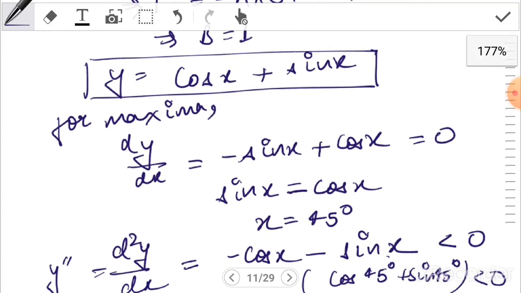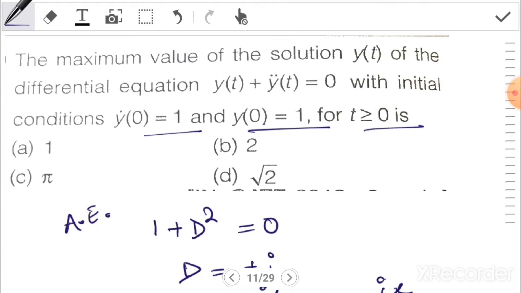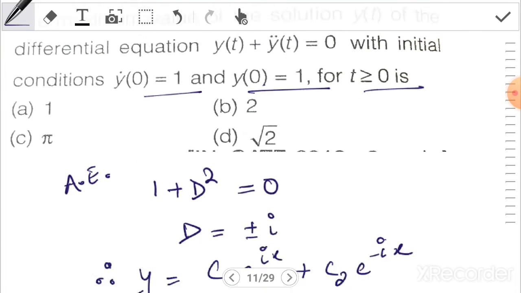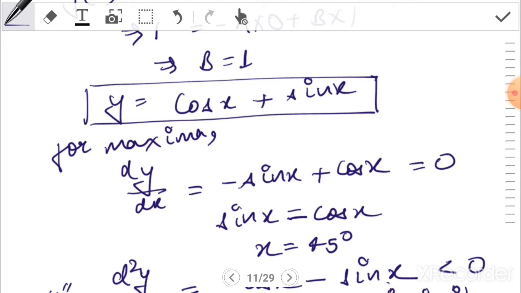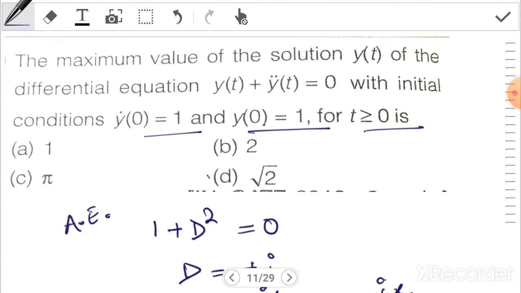So at 45 degree we have a maxima, and the value is cos 45 plus sin 45, that is 1 by root 2 plus 1 by root 2, that is 2 by root 2. So root 2. So root 2 is the right answer. Okay, let's go to the next problem.